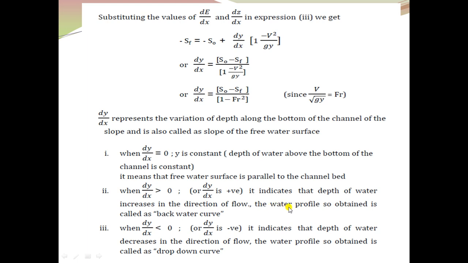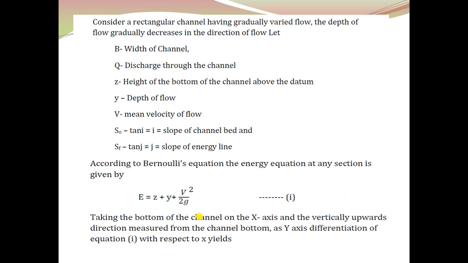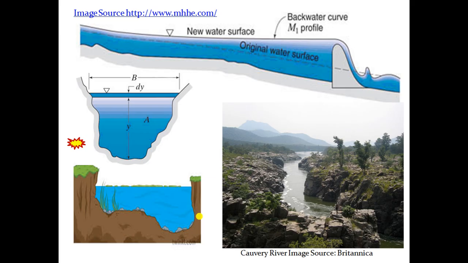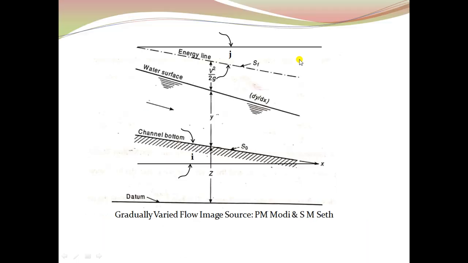So the water profile so obtained is called as backwater curve. So if we refer this diagram, here the depth of flow was increasing. So this typical curve is called as backwater curve.